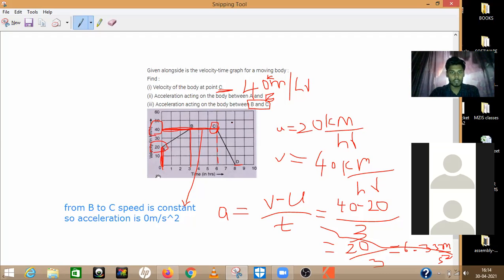What is the acceleration here? Initial velocity is equal to 40 meter per second, at point C. Now from point D, let me imagine here a fourth part.